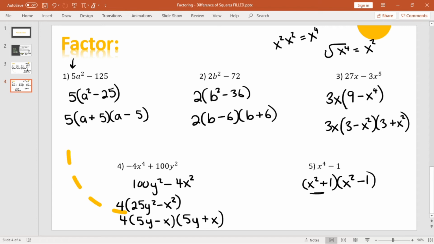I can't factor that any further, but my second binomial here is still a difference of squares. x squared and 1 are still squares, so you can take that further. So you write down your first one again because you didn't do anything else with it, and then factor your second one. Root of x squared is x. Root of 1 is 1. x minus 1. So there we go for difference of squares.